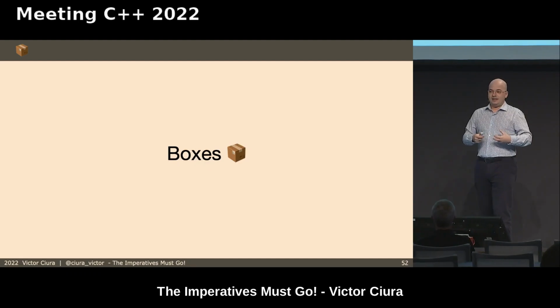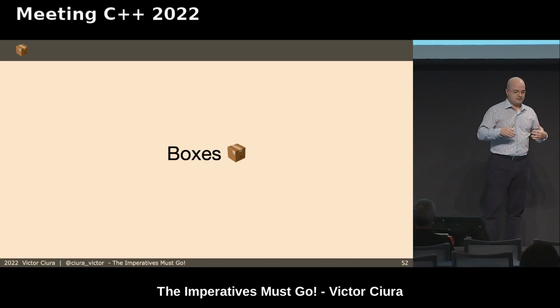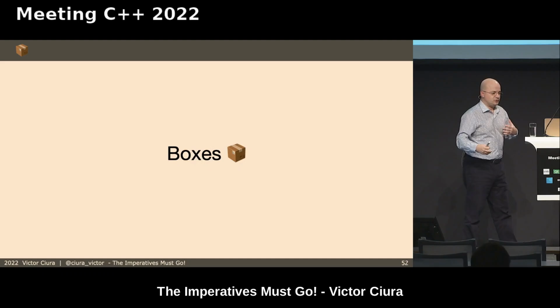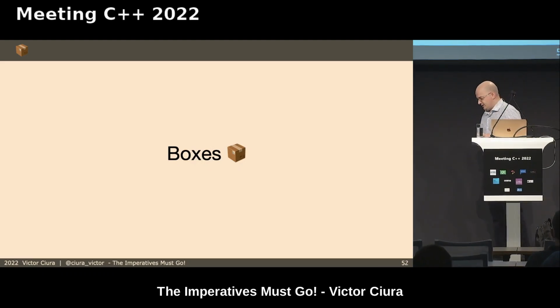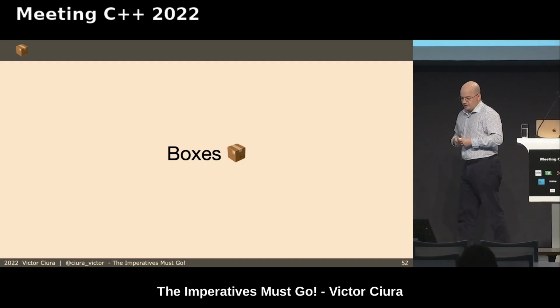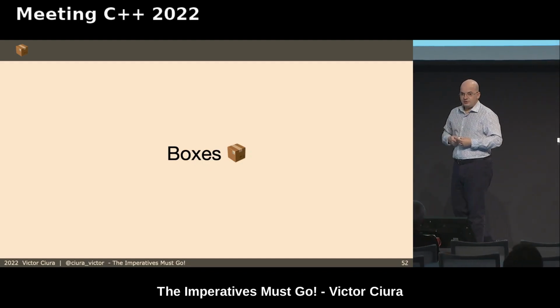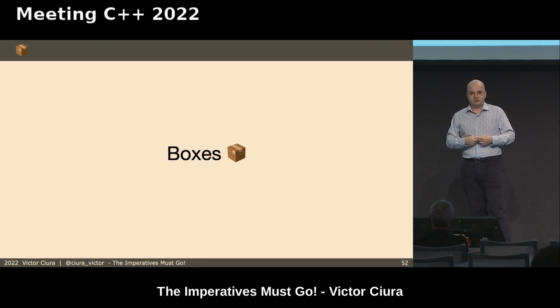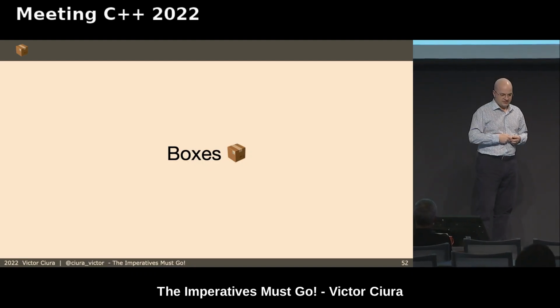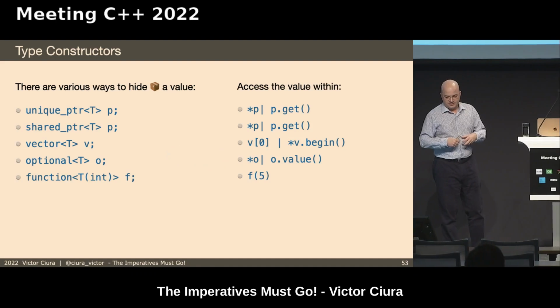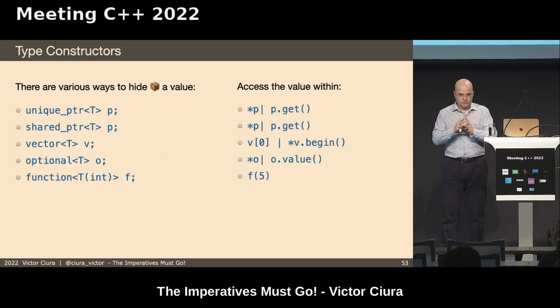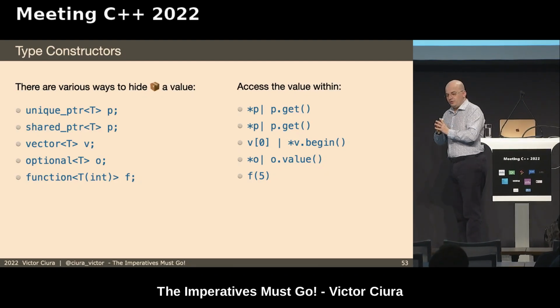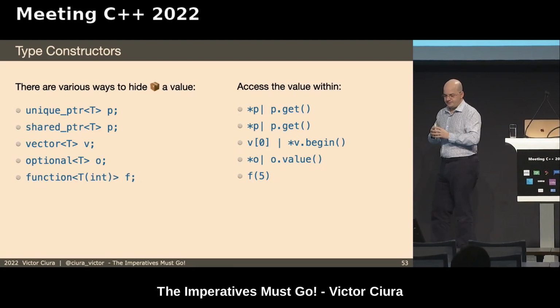So I picked another concept, and I need to talk about this so that we can digest the examples and see lifting in action. And the other concept that is deeply rooted in functional programming style is the idea of type constructors and a way to capture a value with its context.